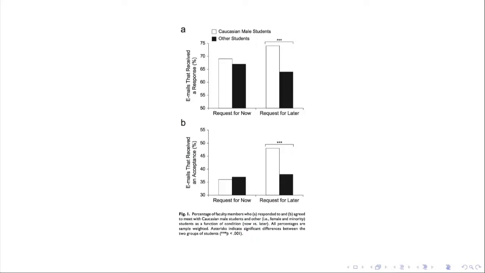What they're doing is measuring the extent to which professors are more willing to meet with certain types of students than other types of students, and how this depends on whether the request is for today or for the future. What you can see here is that when the request is for today, the meeting rates are similar between Caucasian male students and other students. But when the requests are in the future, there's a difference based on the characteristics of the sender.